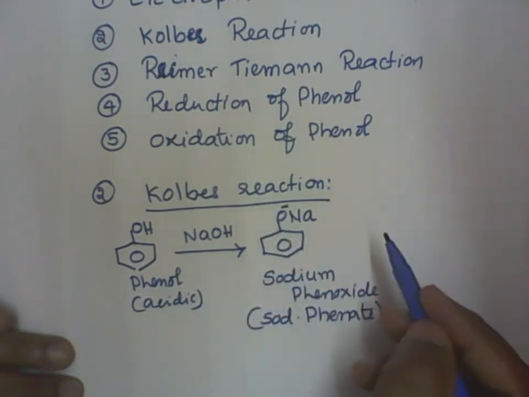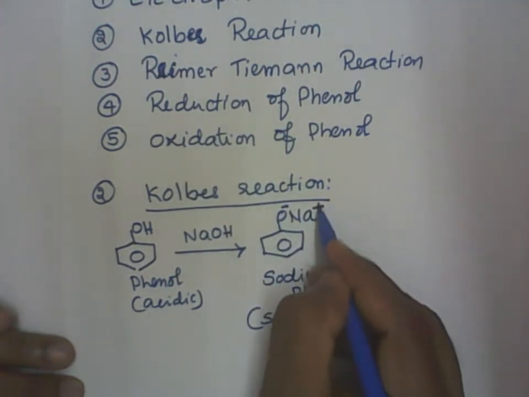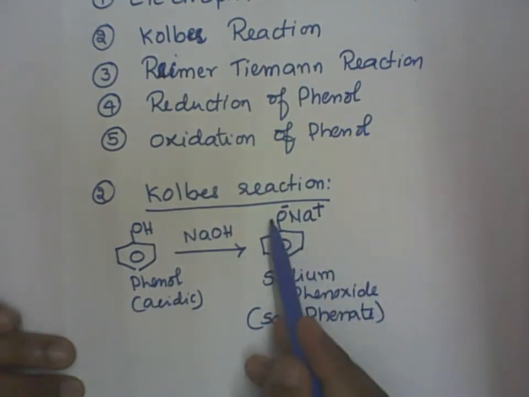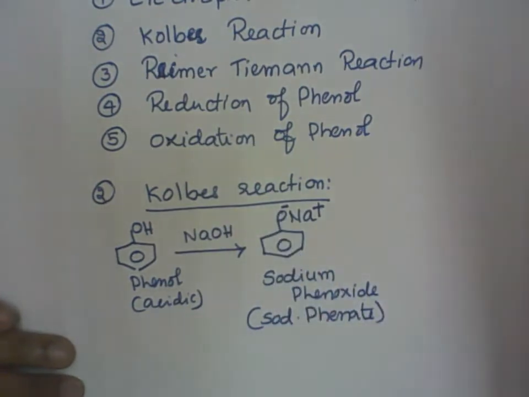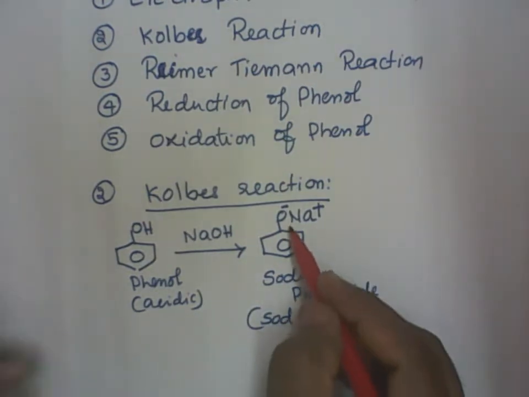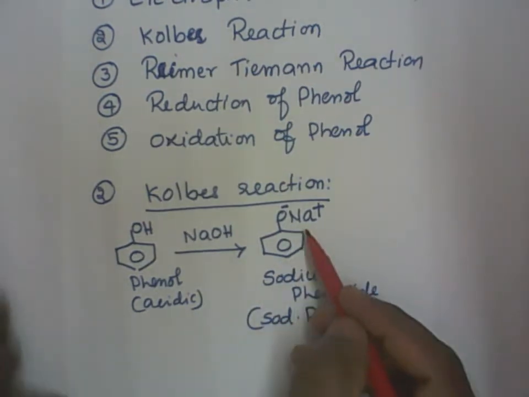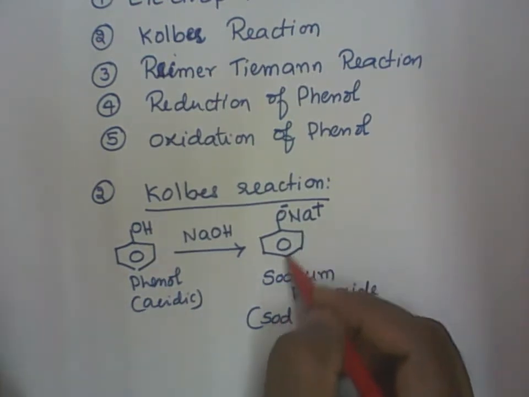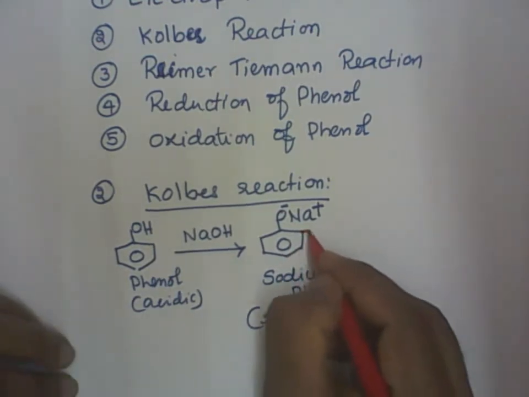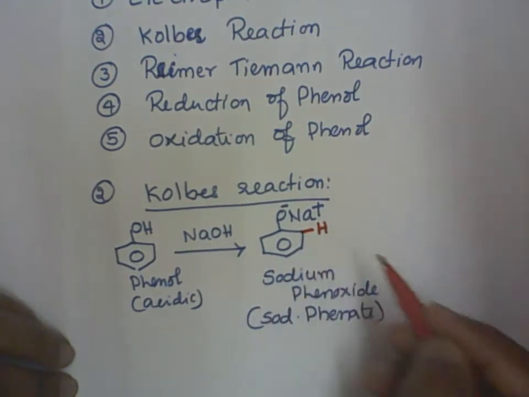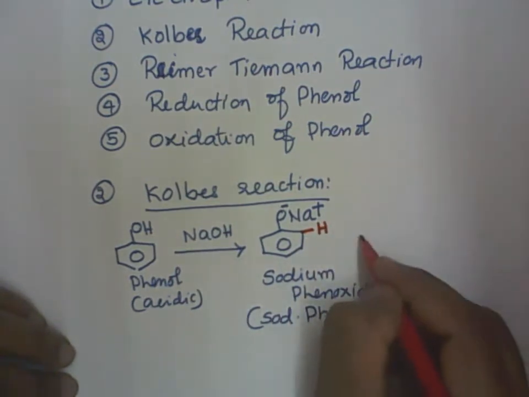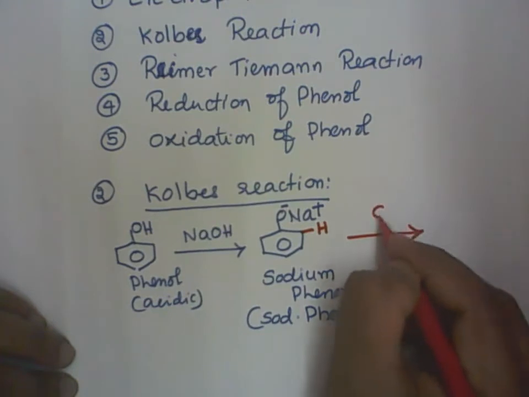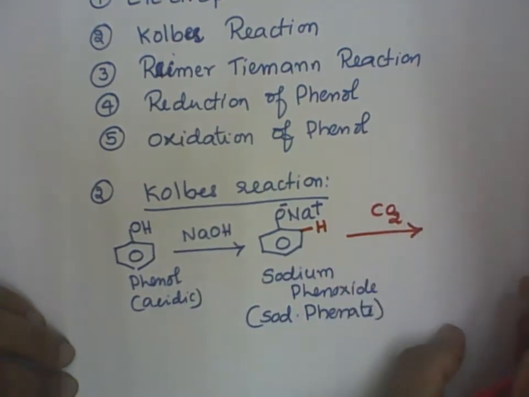Oxygen is negatively charged and sodium is positively charged. This negative charge can undergo delocalization, and you have seen why phenol is an ortho and para directing group. So it can give either the ortho product or the para product. So let me represent one of the hydrogen atoms on the ortho position. Now it is treated with carbon dioxide, CO2.